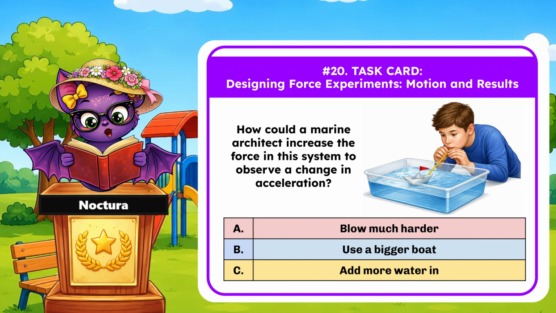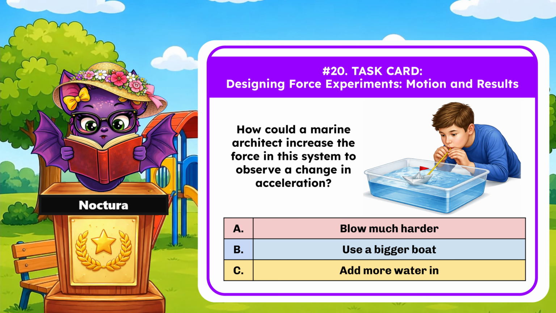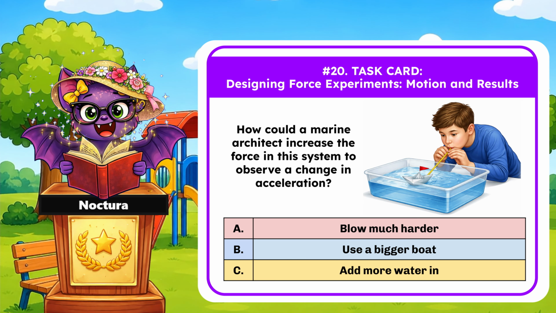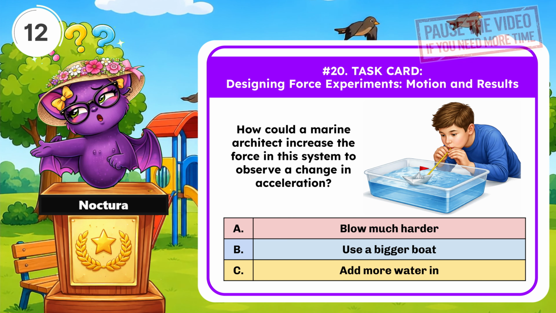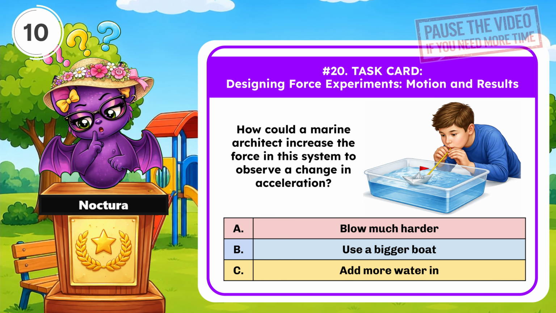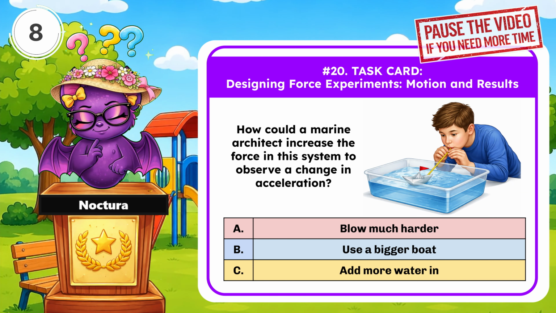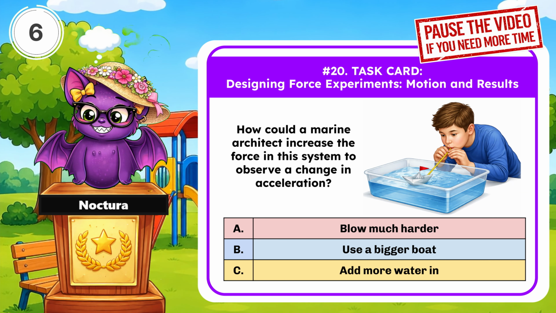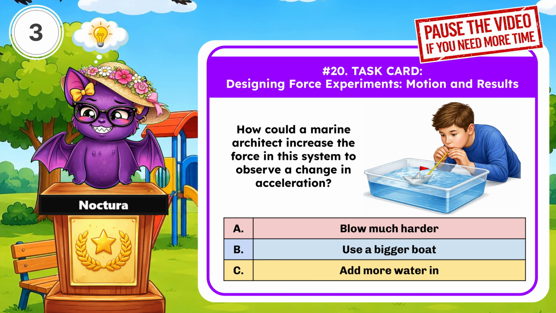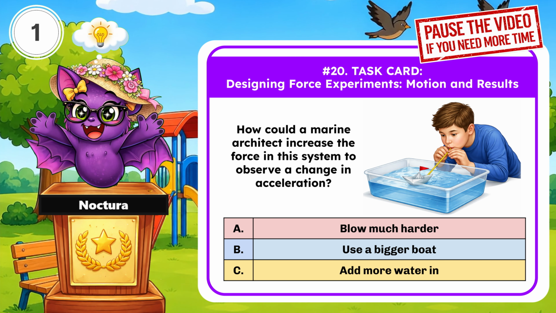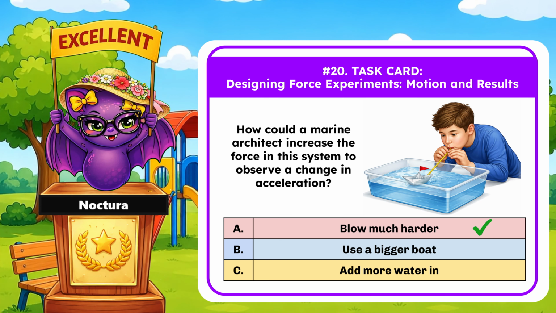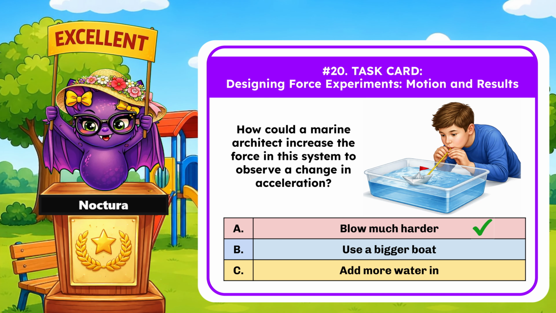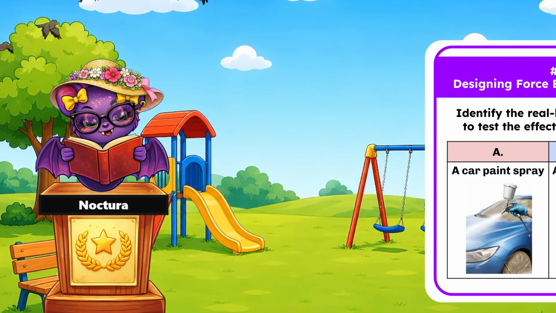How could a marine architect increase the force in this system to observe a change in acceleration? And the correct answer is letter A, blow much harder.